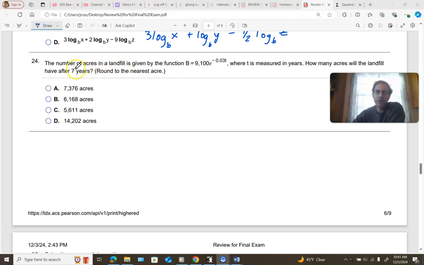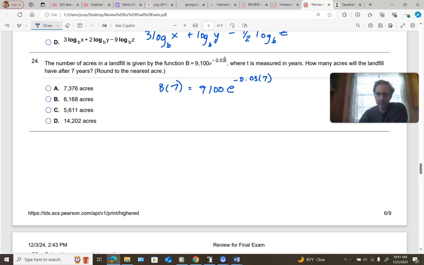So really all we're doing here is we want to plug 7 in for t. So we're just evaluating this function. You can call this function b of t and just plug in 7. Okay, so evidently the landfill starts out with 9,100 acres and then gradually the land area is consumed with garbage.